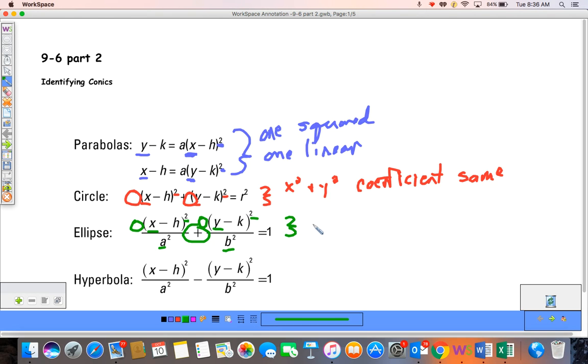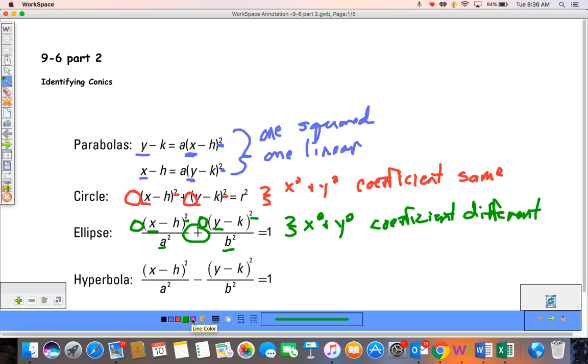So very similar to a circle, you're going to have an x squared and a y squared, but the coefficients are going to be different. They'll have different numbers in front of them.